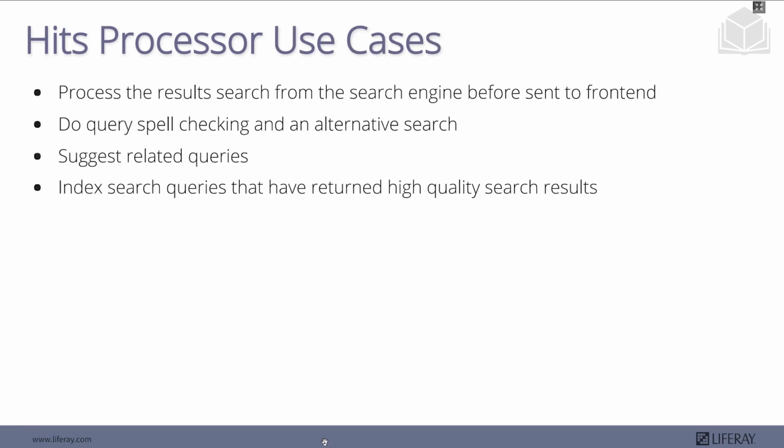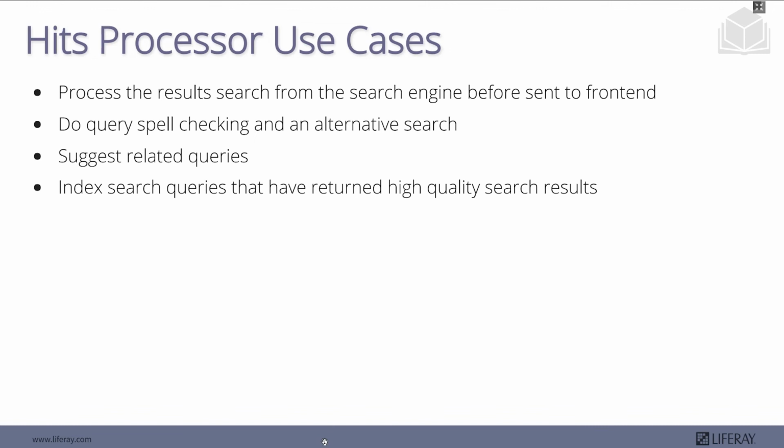So a couple use cases, just like what we saw before: we can do something like spell checking or alternative search. The idea here is, if we don't reach a specific number of results, maybe we spelled something wrong, and maybe we can suggest an alternative spelling.